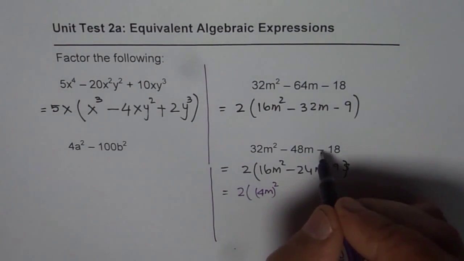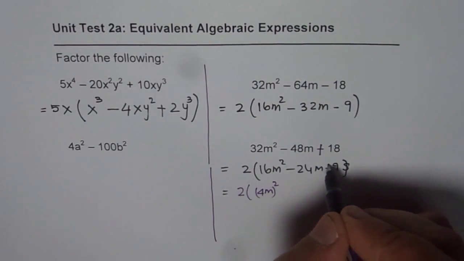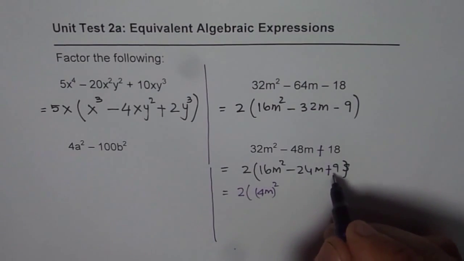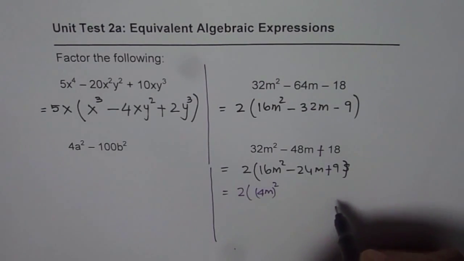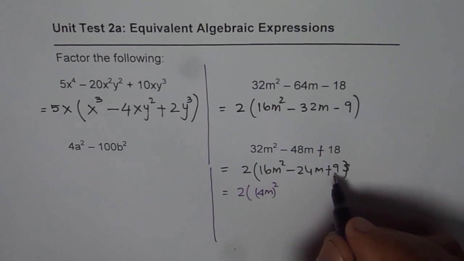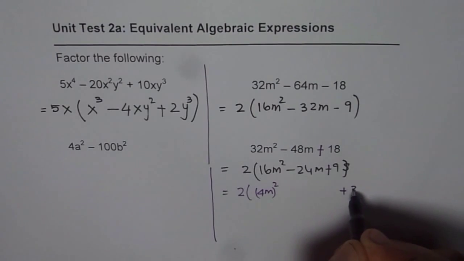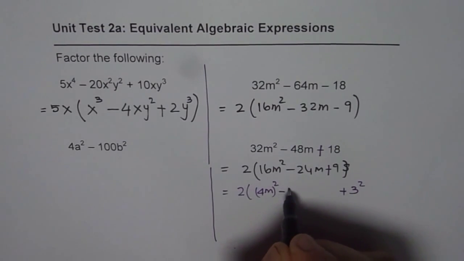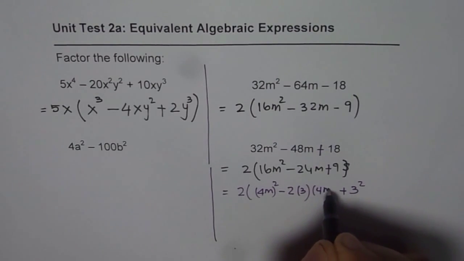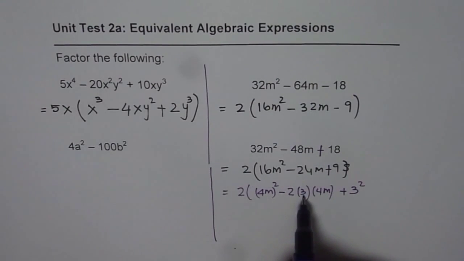If it was positive, then it could have been factored. Let me make it positive now. Okay, so I'm making it positive, changing the question once again so that it could be factored, right? The whole idea is at times we may have such a situation, right? So that could be written as plus 3 square. The center term is 2 times 3 times 4m. 2 times 3 is 6, 6 times 4 is 24m, right?